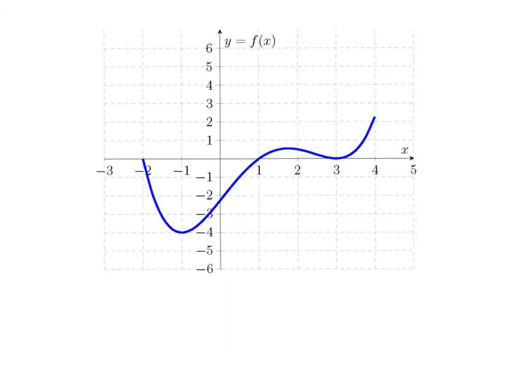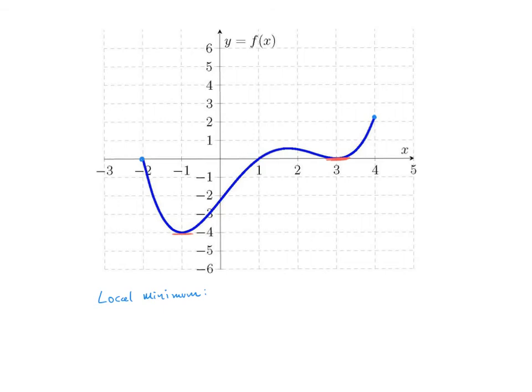Right, let's do one more example. Let's say you have the following graph, and it has steps here and steps there. So if I ask you what is the local minimum, you can see that you have 2 local minimums, one here and the other one there. The first one happens when x is equal to -1.